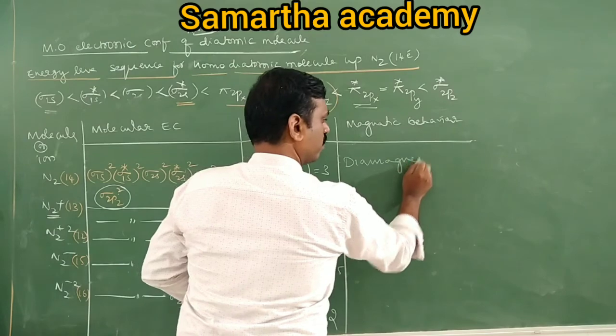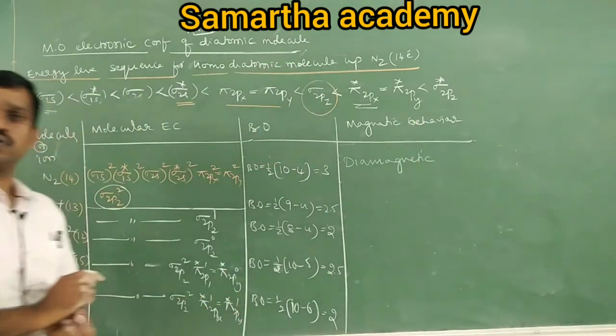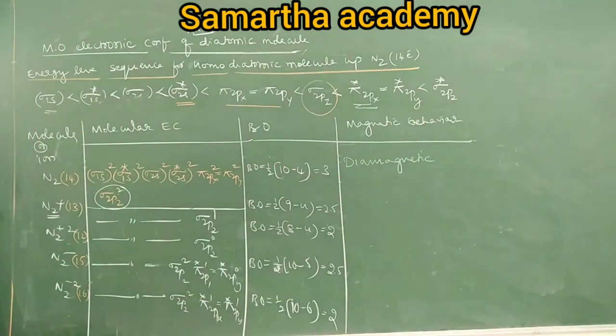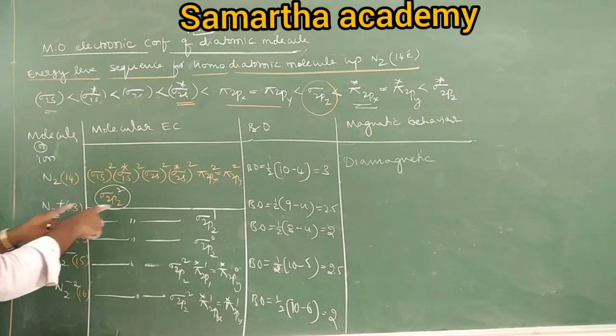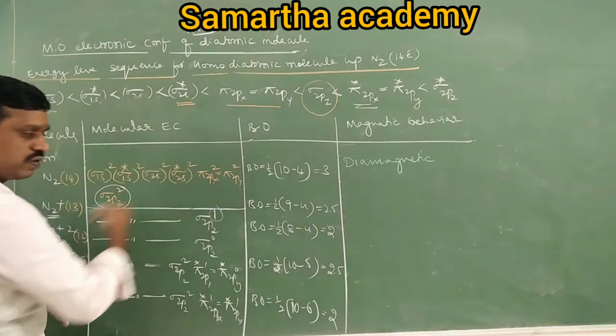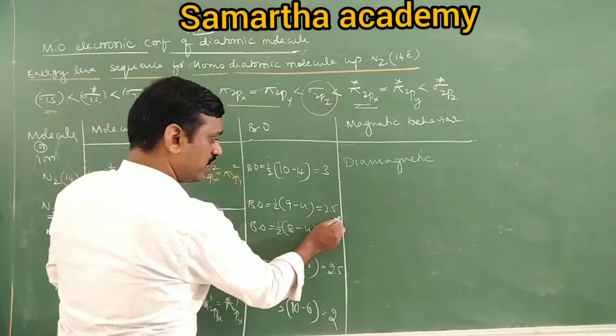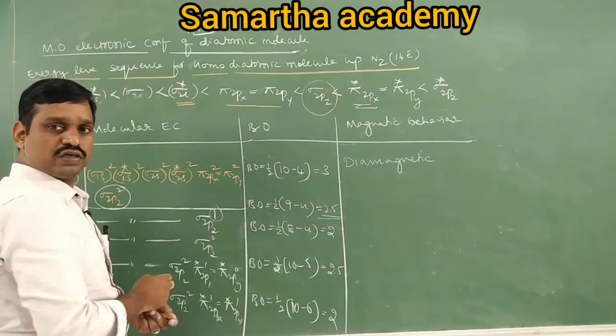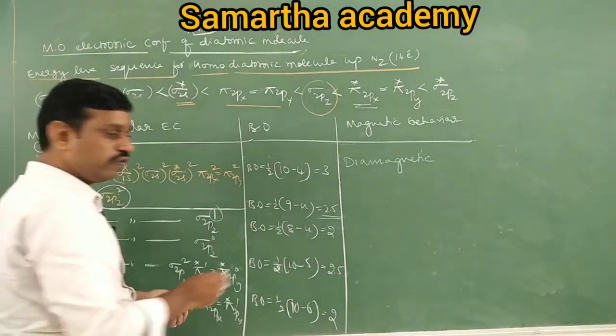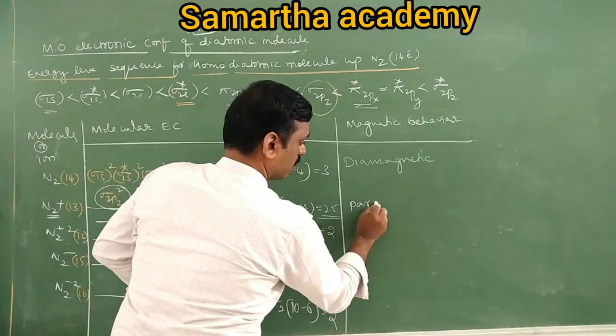Based on this only we can identify other questions. Then next is N2 plus. Now N2 is dia. When one electron is removed from N2, obviously it will become 1 electron, no? And moreover, it has a 2.5 bond order. A fractional bond order always indicates para.